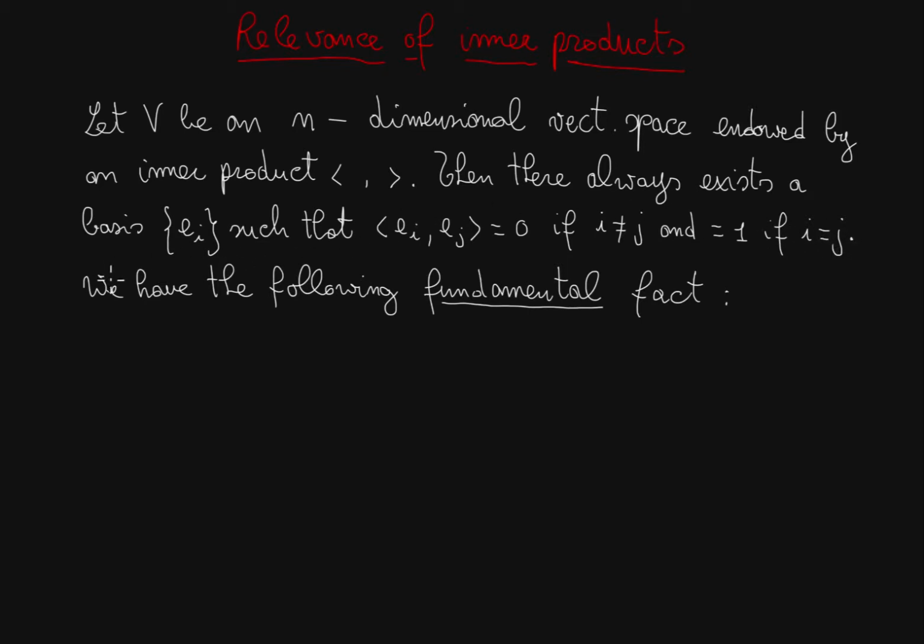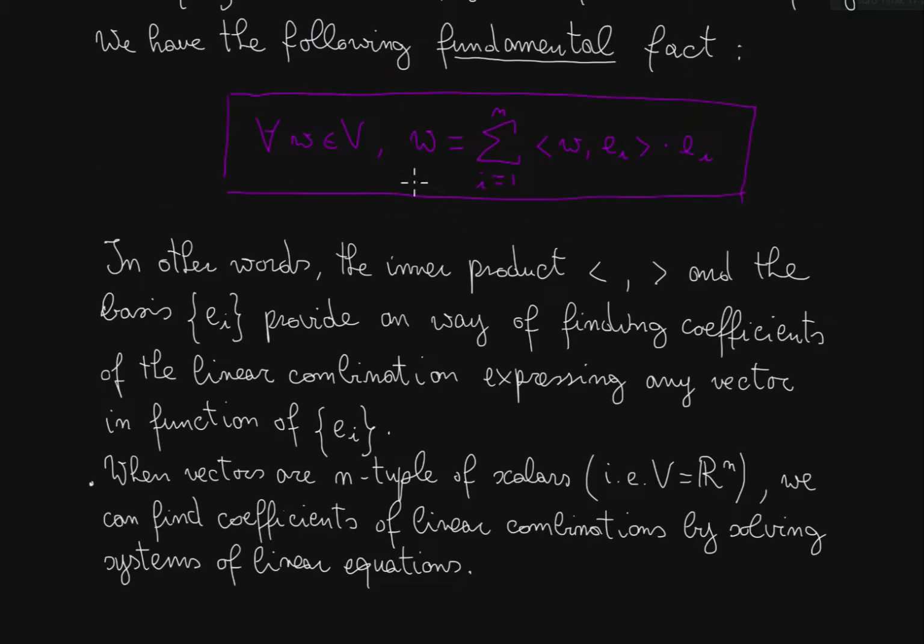Well, in that case, we have the following fundamental fact. For each w in V, w can be uniquely expressed as a linear combination of this basis e_i, the basis that we have just described having this very special property, and every coefficient of this linear combination is computed by means of the inner product.